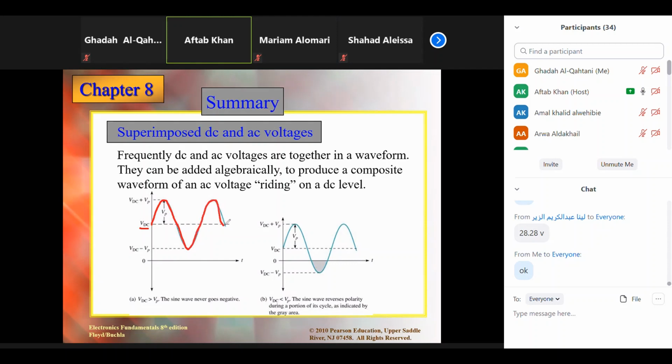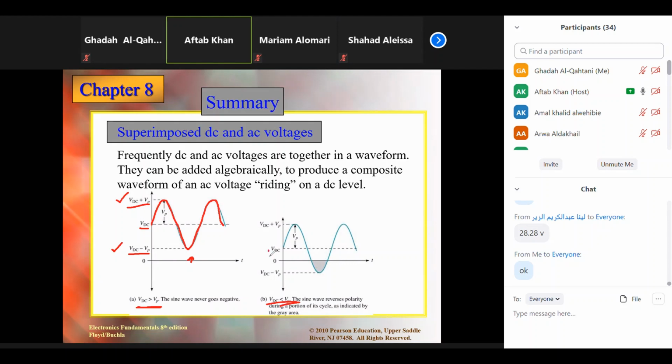So how can we find the maximum value, the peak value, or the minimum value? VDC plus V peak will give the maximum point, and VDC minus VP will give us the minimum point. Here we can see that VDC is larger than VP, so all the waveform is above the 0 axis. Understand? Now, if VP is larger than VDC, what will happen?